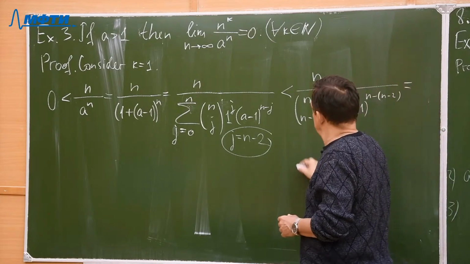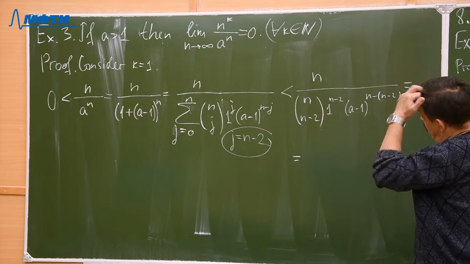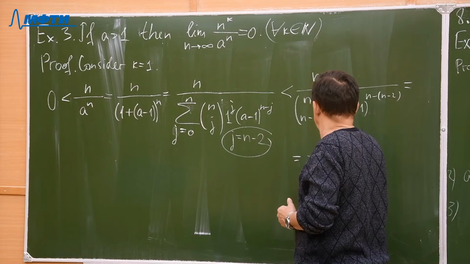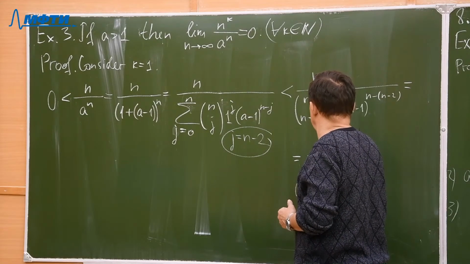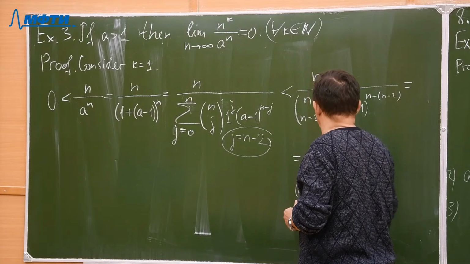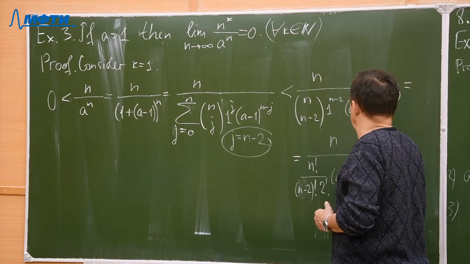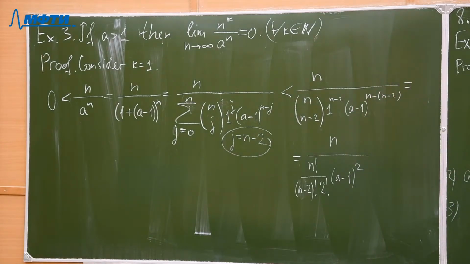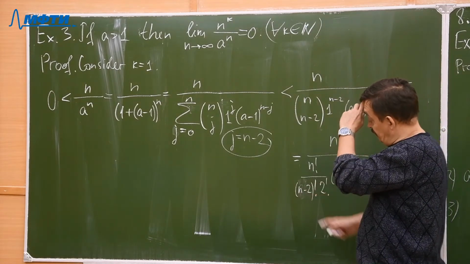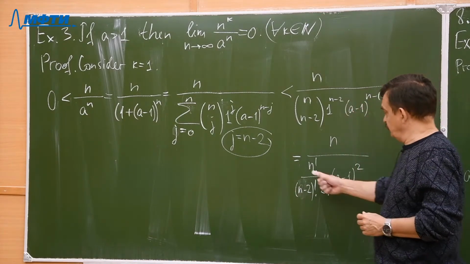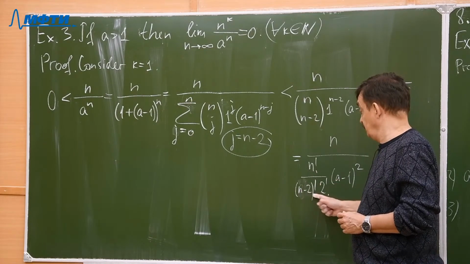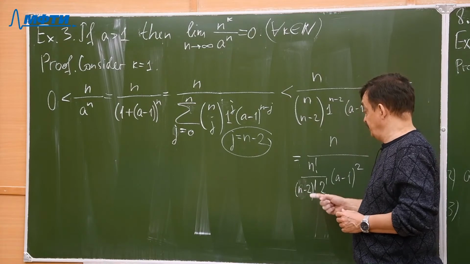What is it? It is n factorial over 2 factorial, n minus 2 factorial, times a minus 1 squared. And what is n factorial over n minus 2 factorial? We divide the product of the first n natural numbers by the product of the first n minus 2 natural numbers.